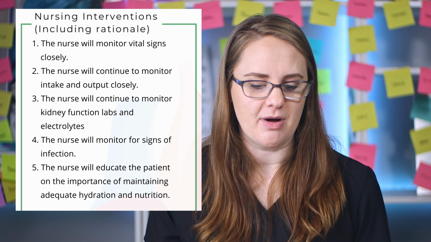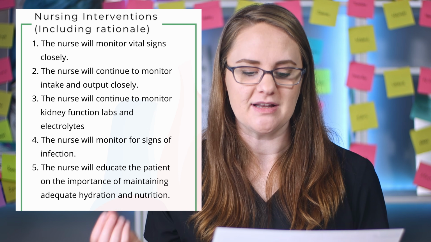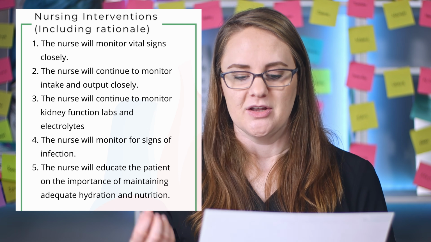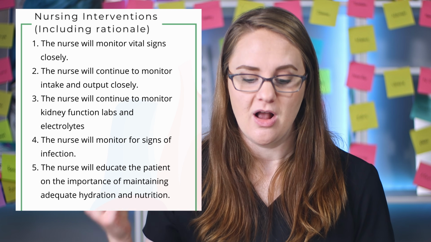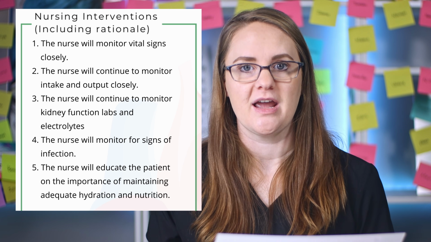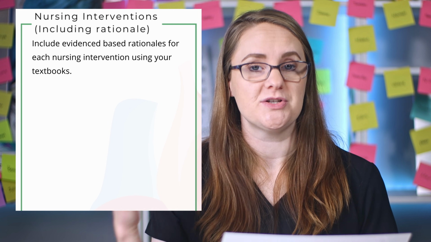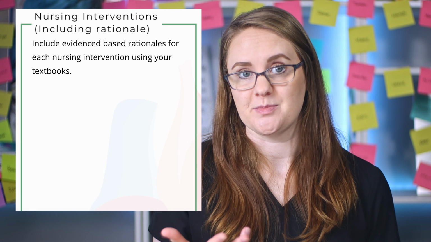The nurse will continue to monitor intake and output closely. The nurse will continue to monitor kidney function labs and electrolytes. The nurse will monitor for signs of infection. The nurse will educate the patient on the importance of maintaining adequate hydration and nutrition. And you will want to include evidence-based rationales for each nursing intervention using your textbook, okay?